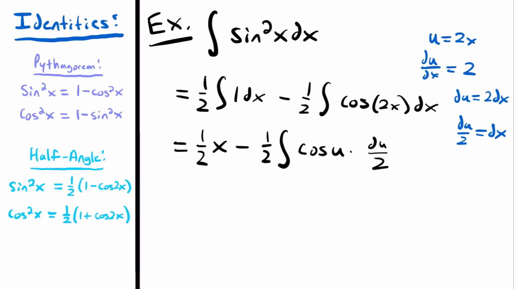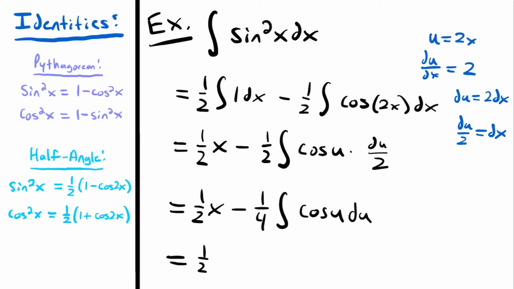Now, if we pull this 1/2 to the outside of the integral, this is equal to 1/2 times x minus 1/4, because 1/2 times 1/2 is 1/4, times the integral of cosine of u du, and the integral of cosine is just equal to positive sine, so we'll have that this is equal to 1/2 times x minus 1/4 times sine of u plus c.